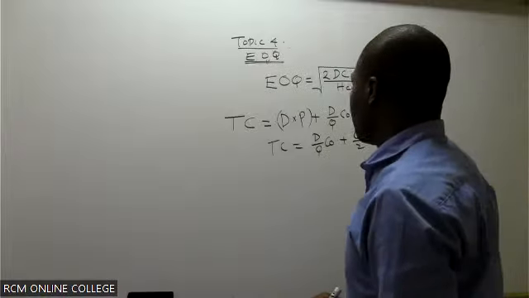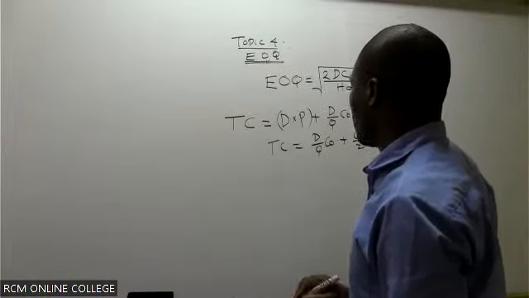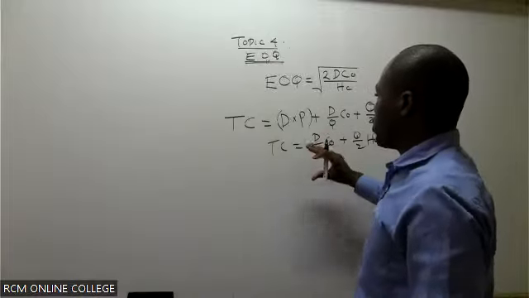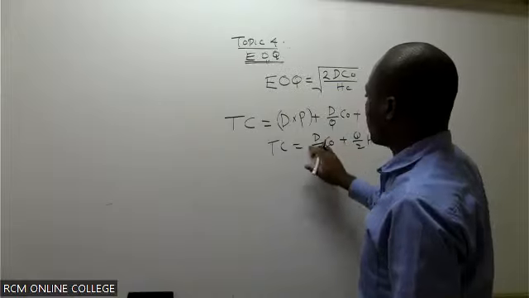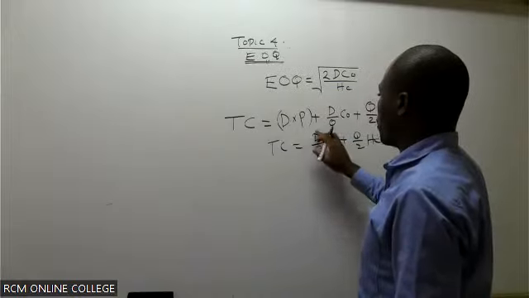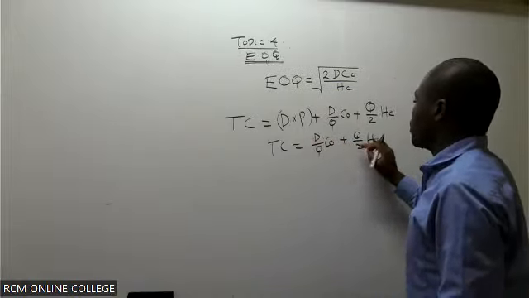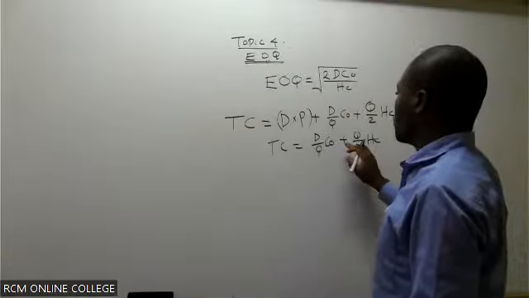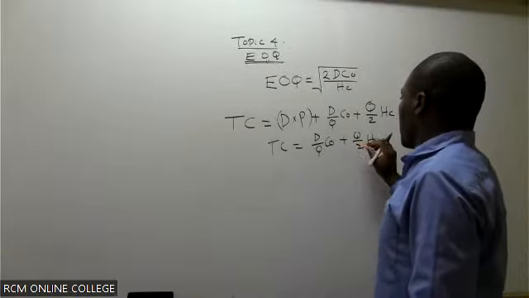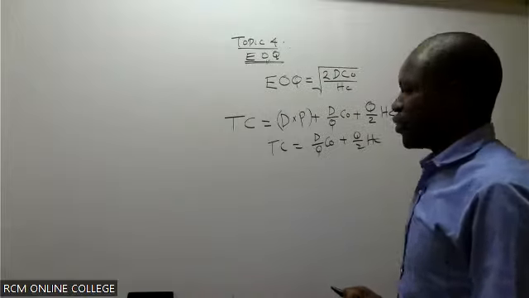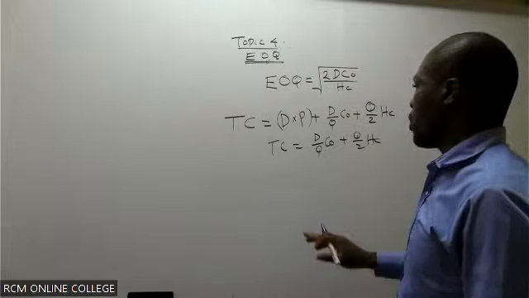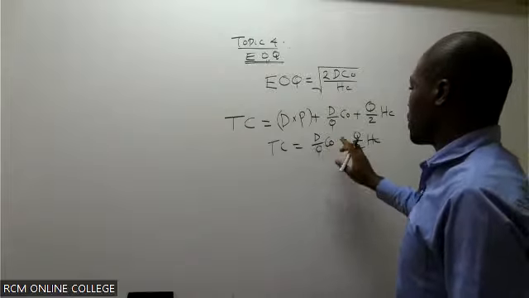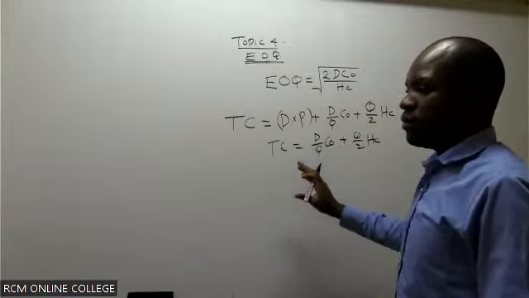Again, at that point, equilibrium will be realized at that point where our total ordering cost is equivalent to total holding cost.